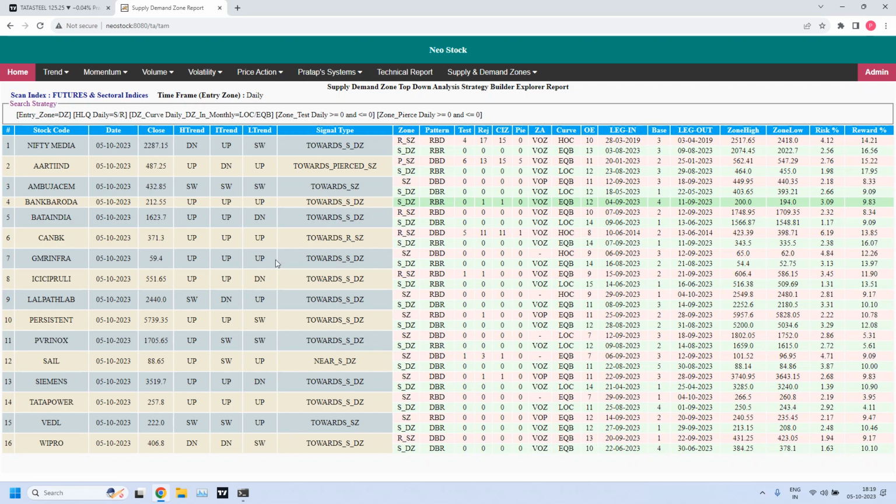But if you keep on watching all these stocks, your focus will not be on a specific stock that probably will give you a good profit. When you are watching all these stocks, you may take a wrong decision and it might spoil your trading plan. This is the reason why I'm not showing you this list every day.